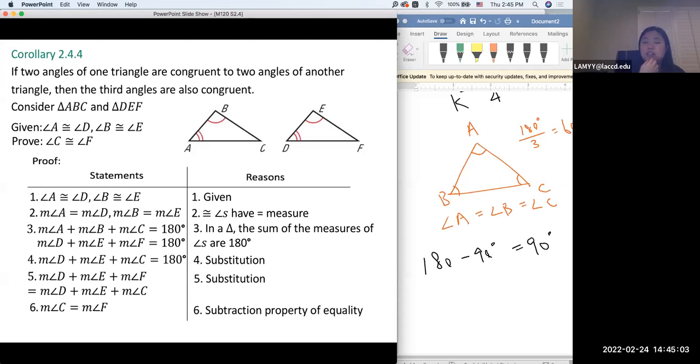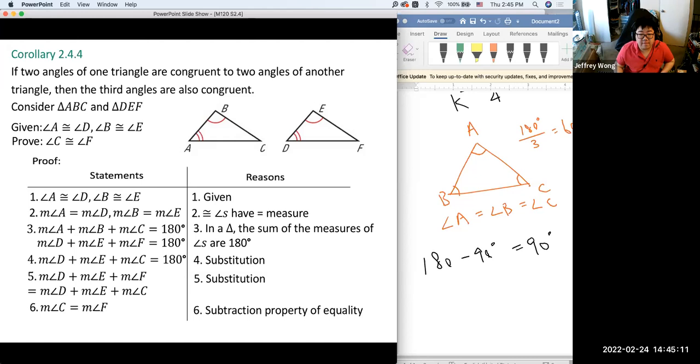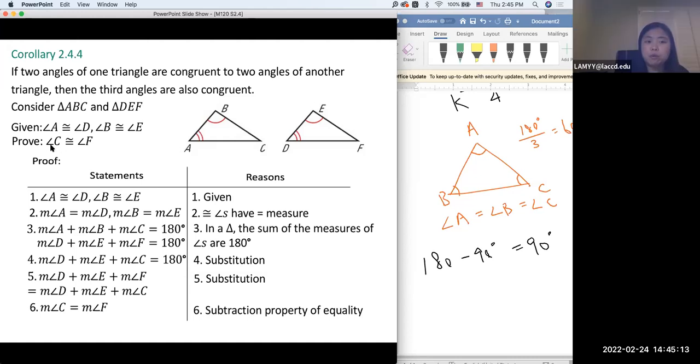What is the final step? Angle C is congruent to angle F. Good. Remember, we want to prove angle C congruent to angle F, not the measure, right?